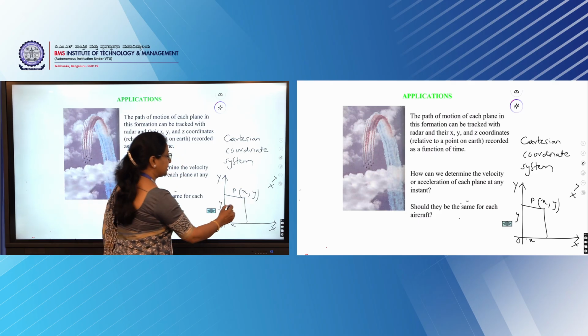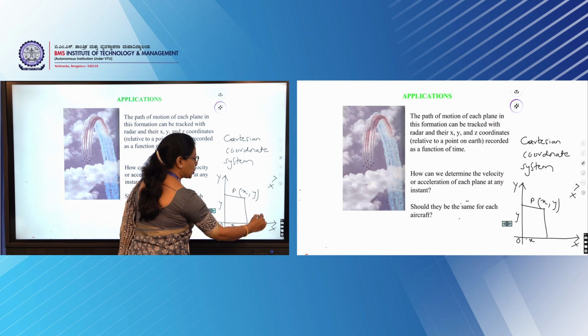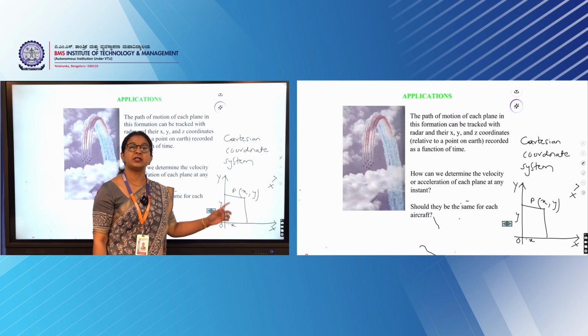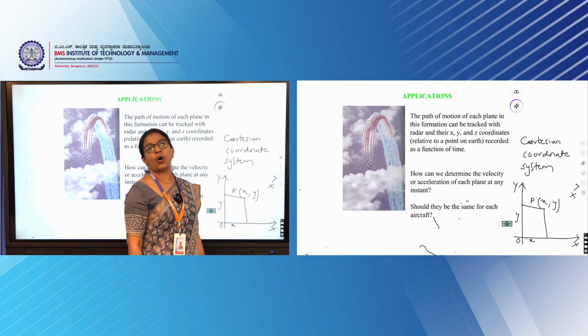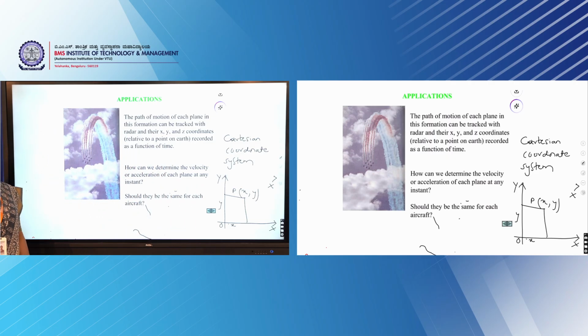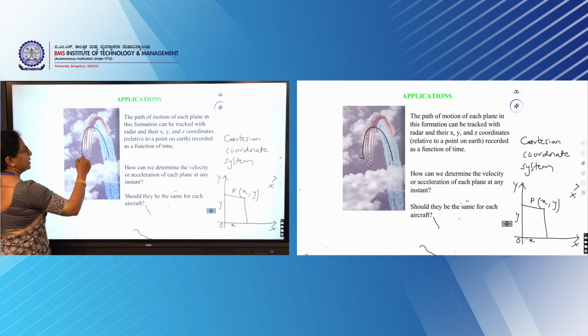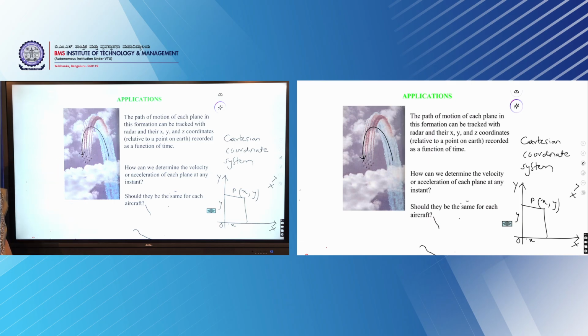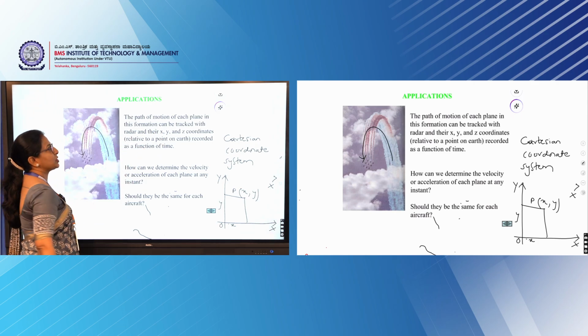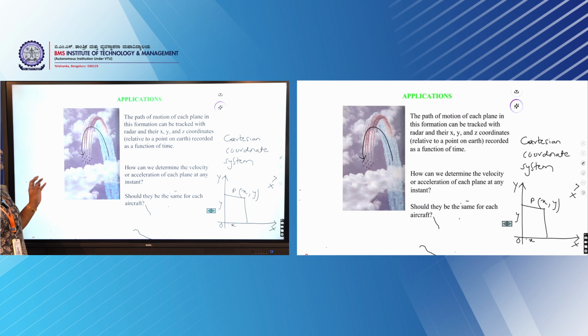Now here it is big. See, this itself shows a rectangular form, so another name for the Cartesian coordinate system is the rectangular coordinate system. But in nature we come across different paths. For example, see the picture of a plane. Is it a straight line? No, it's a curved form. The path of motion of each plane in this formation can be tracked with radar, and their x, y, z coordinates relative to a point on earth recorded as a function of time.